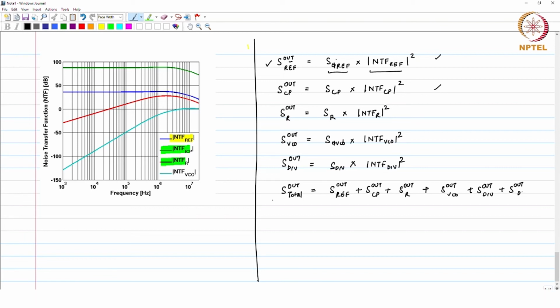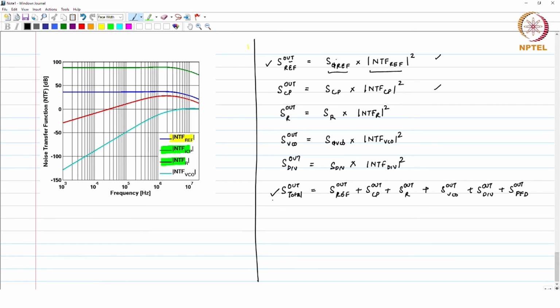So we can get the final output noise power spectral density due to the noise contribution from different blocks, and we can find the total output noise spectral density.